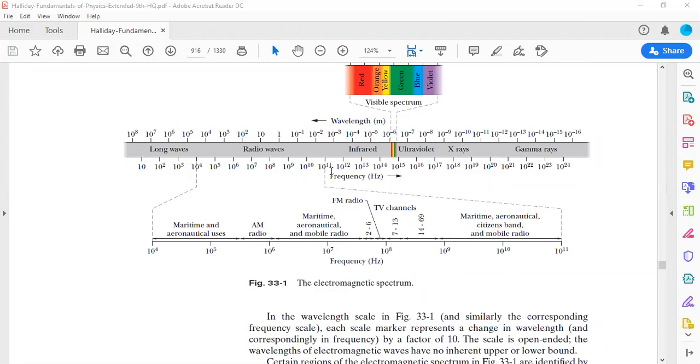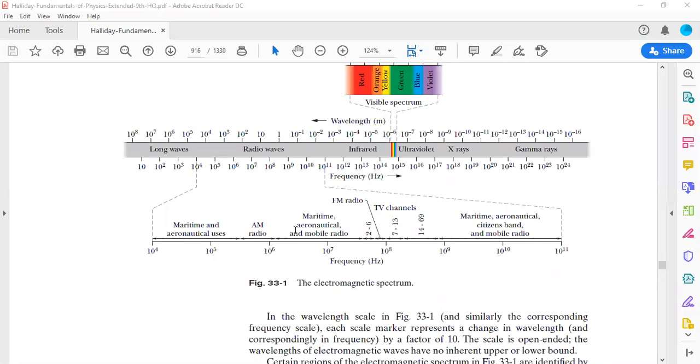Suppose you are going to study the details of AM radio and FM radio, then you will have to study what is meant by AM, amplitude modulation, and what is FM, frequency modulation. And then you can understand how the quality of communication is affected due to the changes in the frequency.